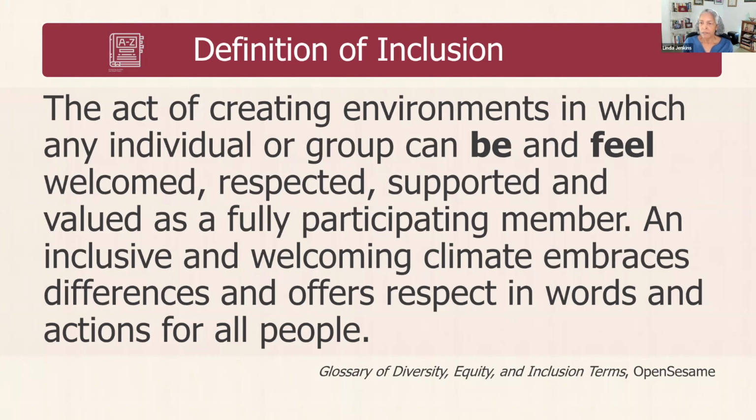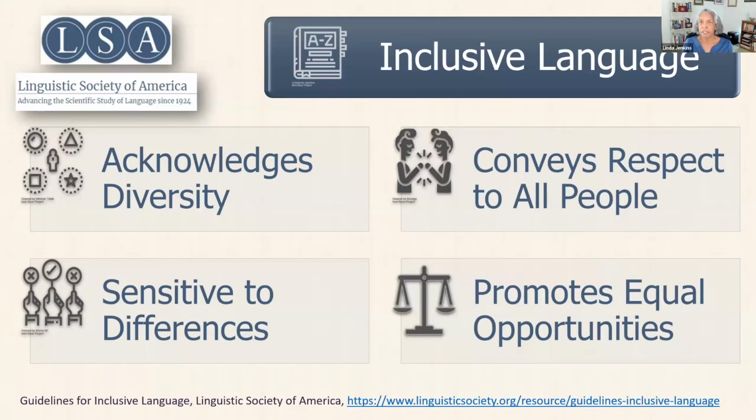And noting the emphasis on offers respect in words and in actions for all people, because that comes up very significantly in the context of the definition of inclusive language from the Linguistic Society of America. Those 4 components of the definition, and highlighting conveys respect to all people as, in my opinion, one of the most important aspects of what inclusive language accomplishes.